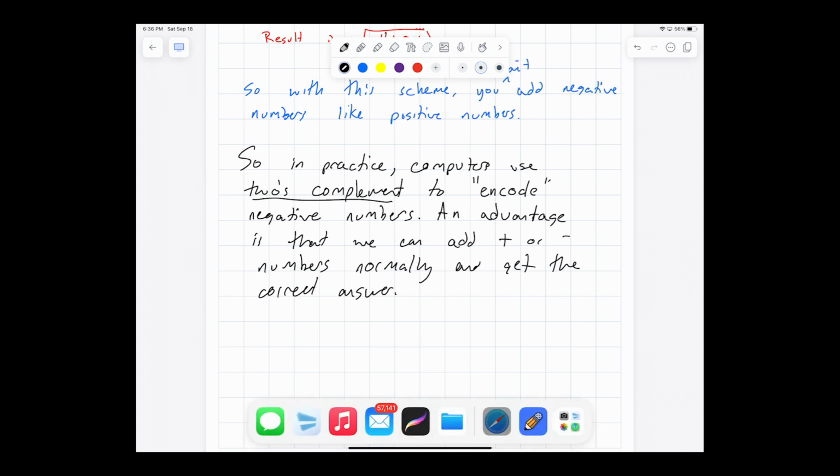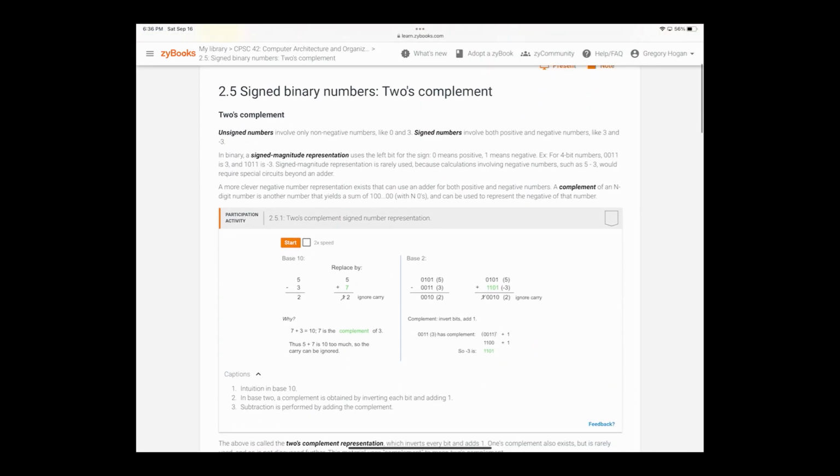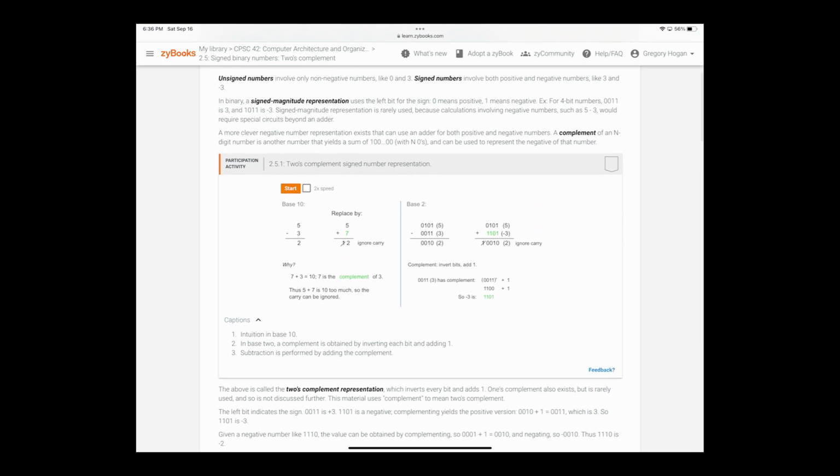Now, what is 2's complement? So let's go back.